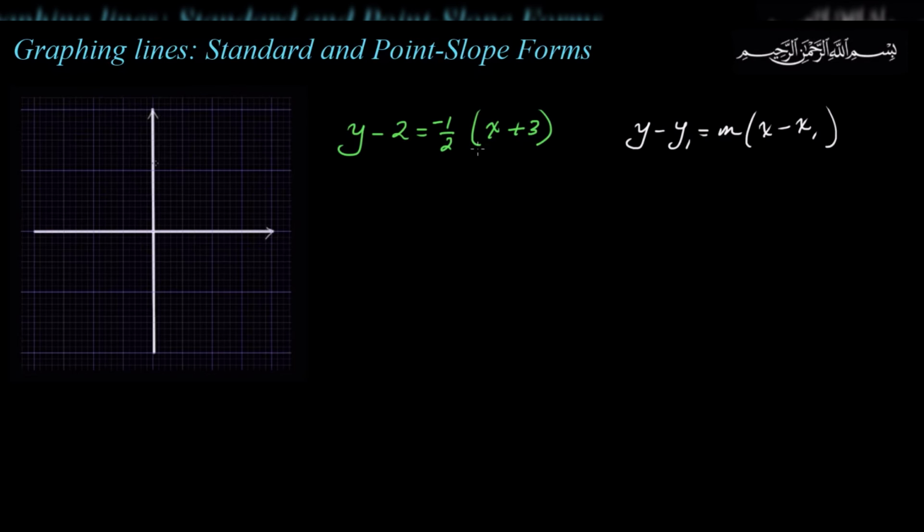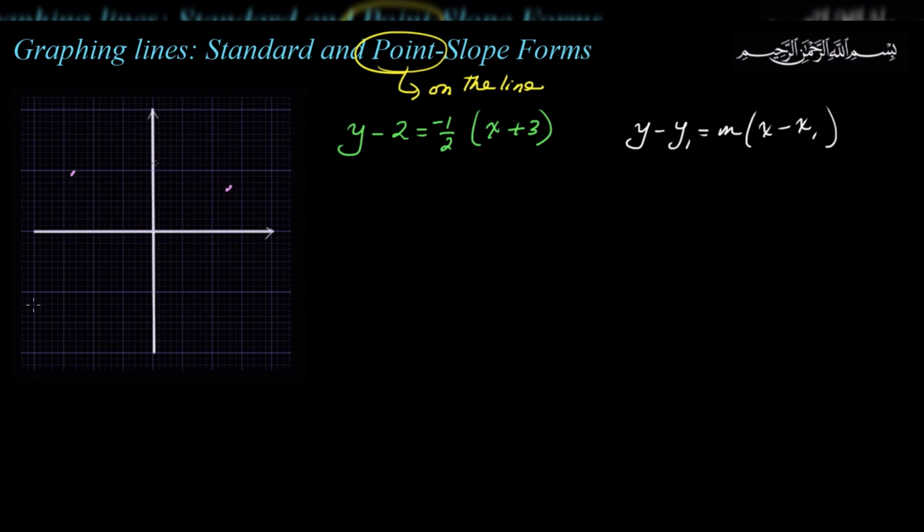Okay, now the reason this is called the point slope form is because this form gives you 2 things. It gives you a point that's on the line. Now, this point does not have to be the x-intercept, does not have to be the y-intercept. It can be, but it doesn't have to be.